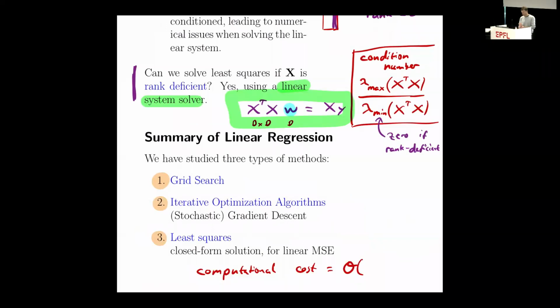Order of something depending on N and D. So what's the cost of a matrix inversion? I hear D squared, other suggestion, I hear D cube. And what's the size of the matrix that we need to invert? It's a D by D matrix, and indeed, inverting a D by D matrix is actually D cube.